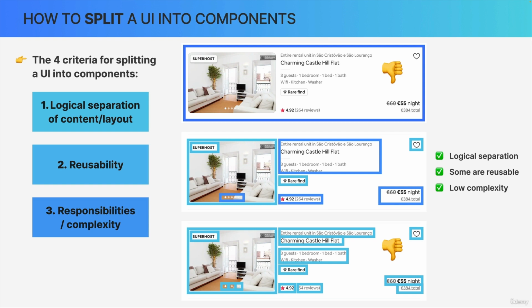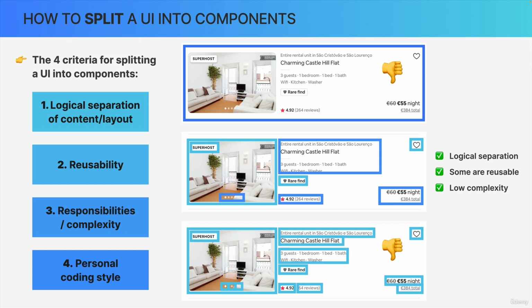Finally, there's one even more subjective criterion, which is your personal coding style. So some people work better with smaller components, and some people just prefer larger components. And therefore, you need to create components in a way that works best for you, so that you can stay as productive as possible.